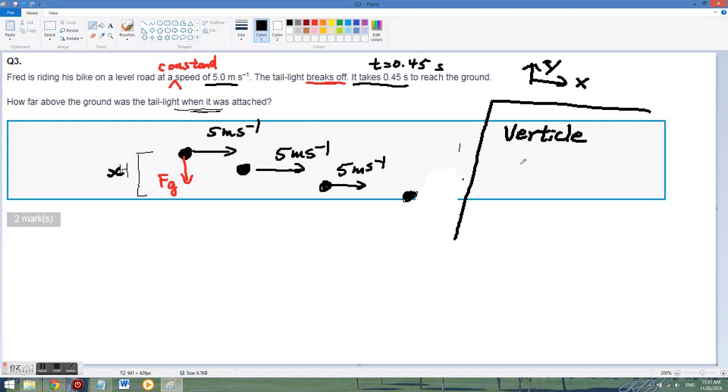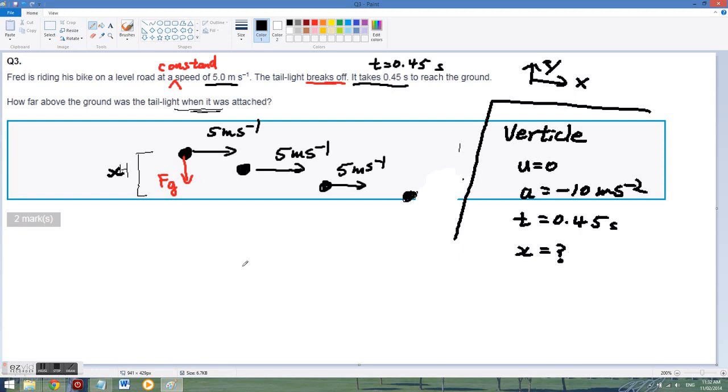So my initial speed must be 0, because it has just broken off, it's stationary here, then it's moving down. Acceleration will be -10, the gravity. The time is 0.45 seconds. I need to find the x.